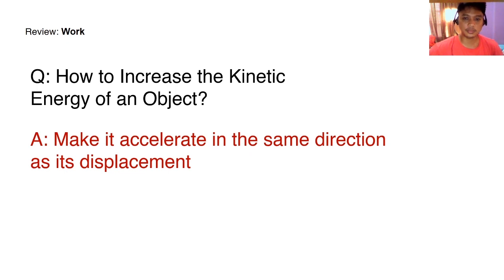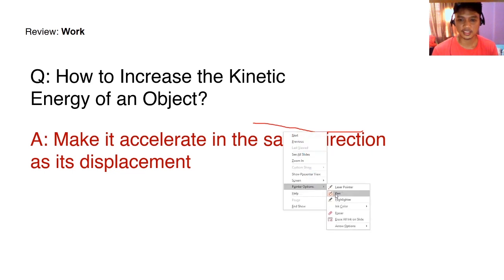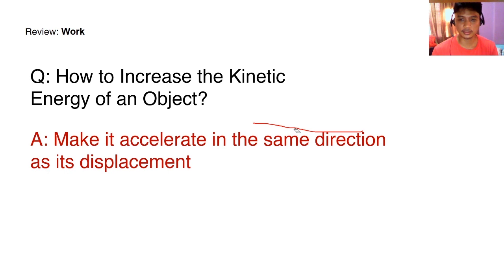If that object is moving to the right, its acceleration must be to the right, so that whatever initial velocity it has will grow in that same direction. To elaborate further, I want to make that line straight.